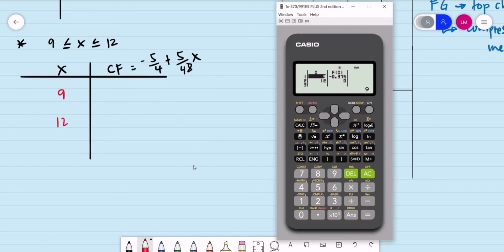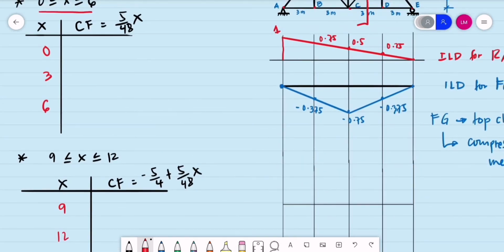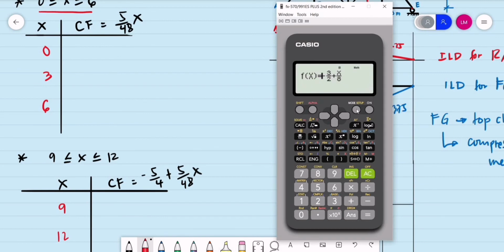So let's have the ordinates, again using the mode table. That is the same as mode number 7. So our first equation is simply 5 over 48 of x. We are starting at 0, ending at 6, and the step is every 3 meters.